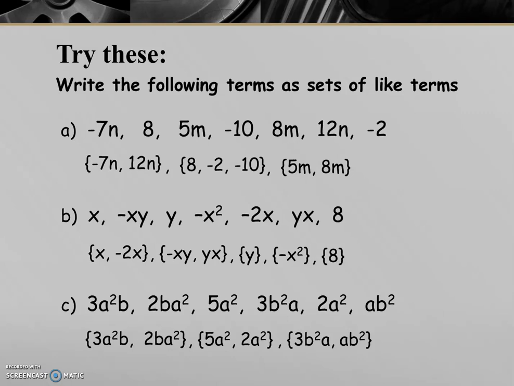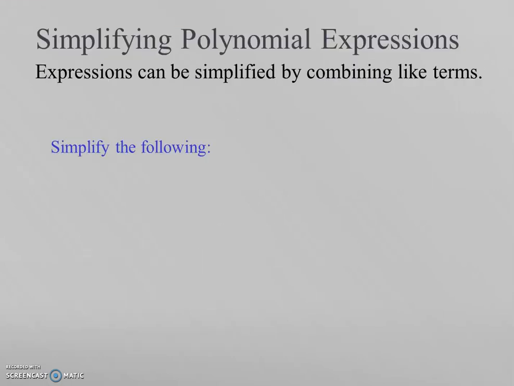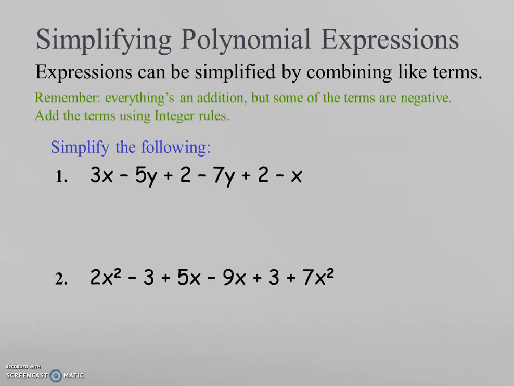Now, the last thing we're going to try to do is how to combine these. Combining like terms means that we can actually put them together by combining their coefficients. So right away, let's remember the terms are separated by plus and minus signs, but I want you to think of everything as being added. So those minuses that you see, you're going to treat like negative signs on the terms as we add.